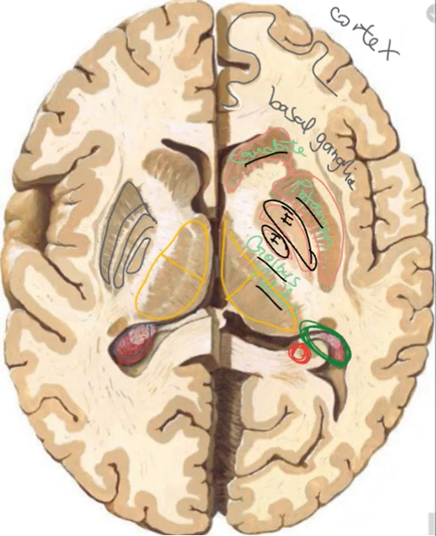One of the important structures in the cerebrum, which is from the white matter, is the internal capsule. The internal capsule lies in between the basal ganglia and the thalamus.